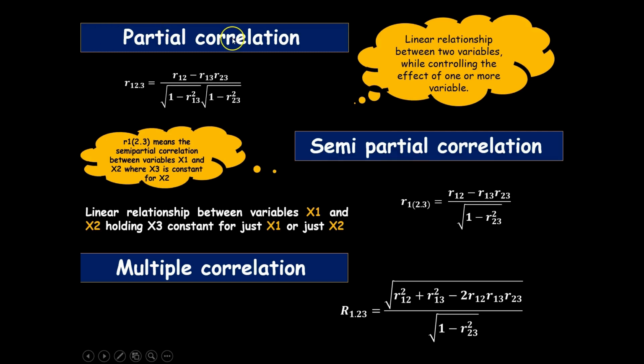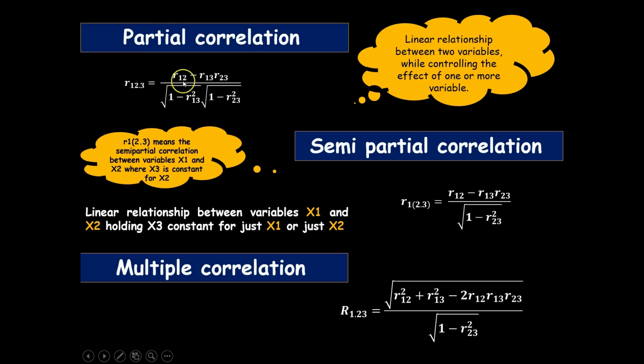Now there are three other important types of correlation coefficients: partial, semi-partial, and multiple correlation. Partial correlation measures a linear relationship between two variables while controlling the effect of one or more other variables. Take the example of R12.3: it shows the linear relationship between variable 1 and variable 2 controlling the effect of variable 3, and the formula is this.